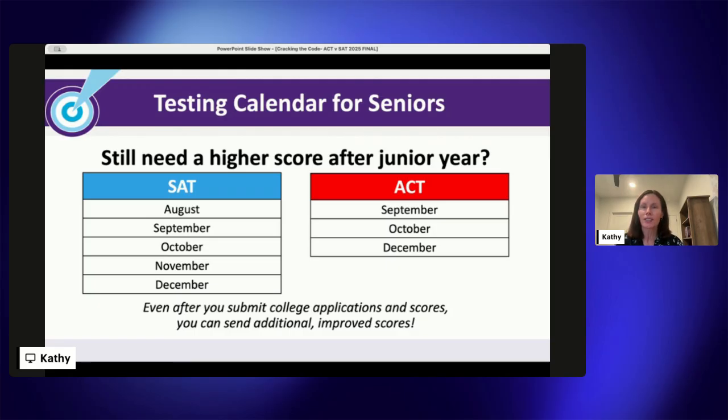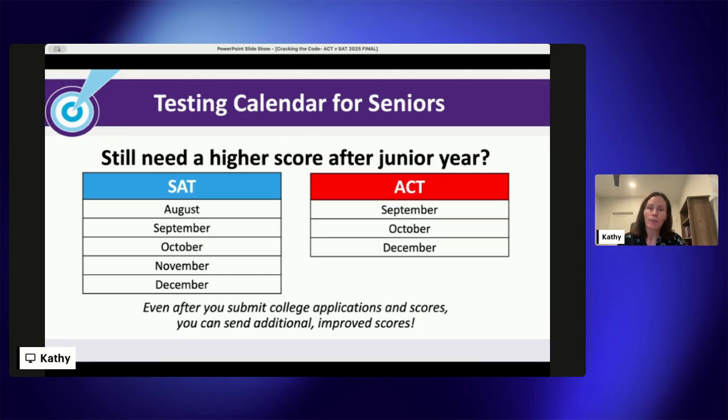And just to be aware, and this is a little tip for any of my seniors who might be listening in this evening, that even after you have submitted applications and your current scores, you can, in most instances, still send additional improved scores. And sometimes this can be to your advantage if, say, you got deferred from a college and they want first semester grades, senior year grades, and they may ask for additional testing. So you can continue to test into your senior year and my current juniors.